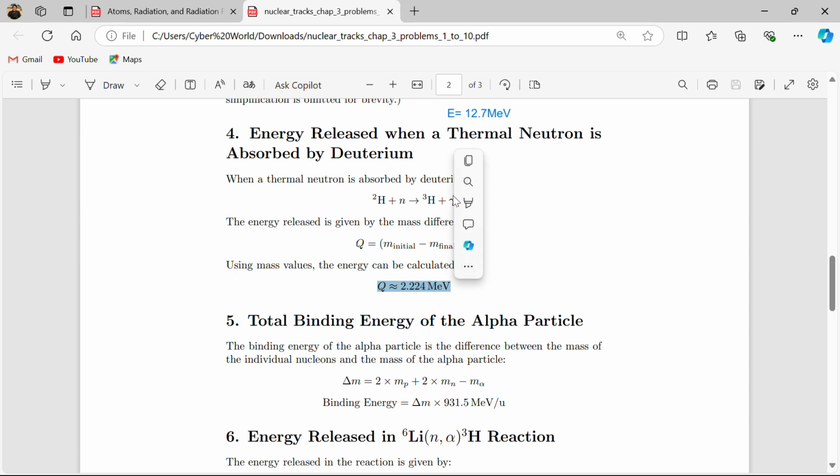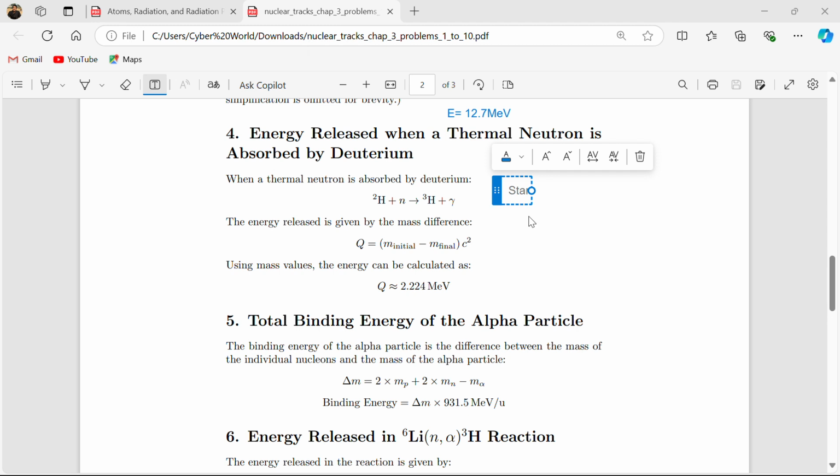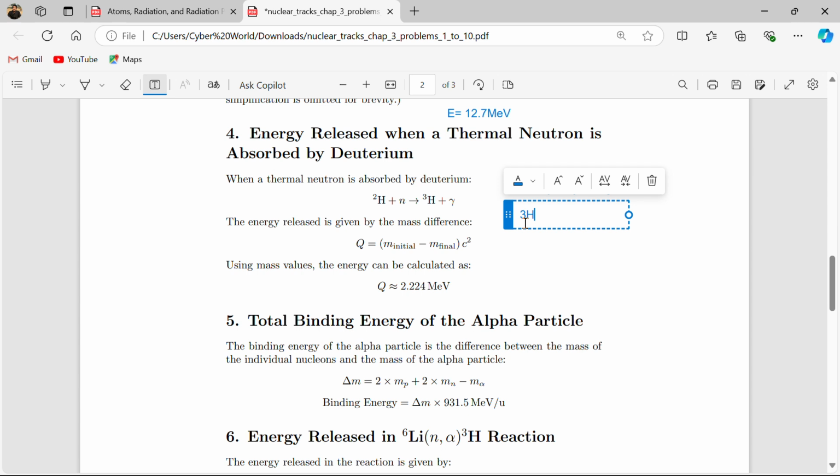This is how you can find it. So the mass of deuterium, I should write here, is equal to this in atomic mass units, while the mass of tritium is equal to this in atomic mass units.